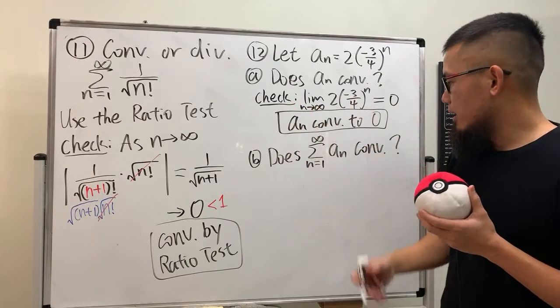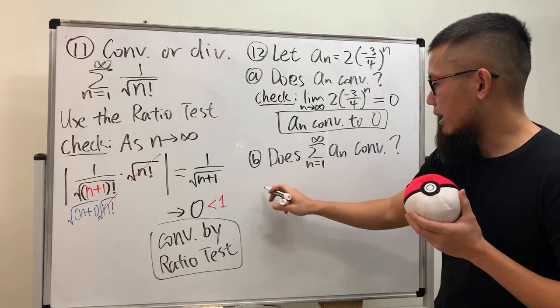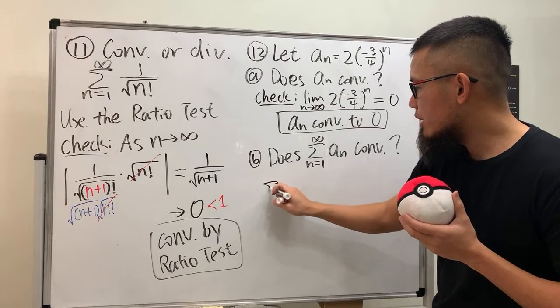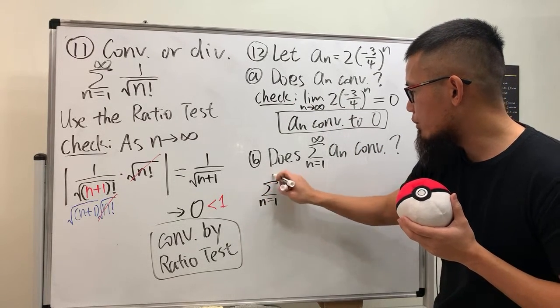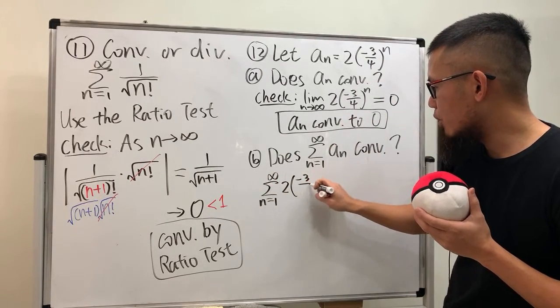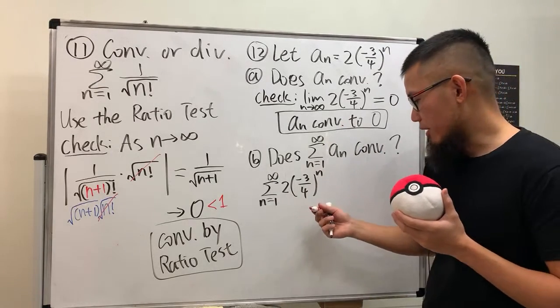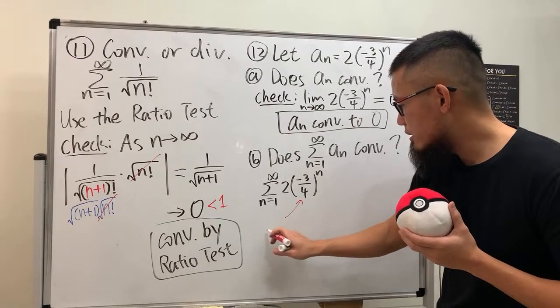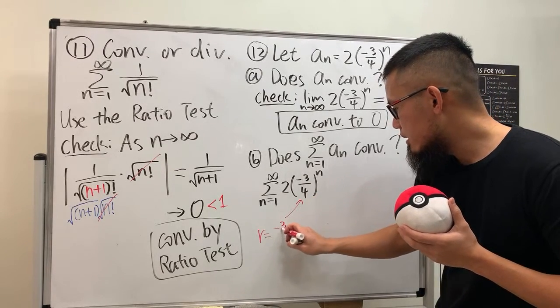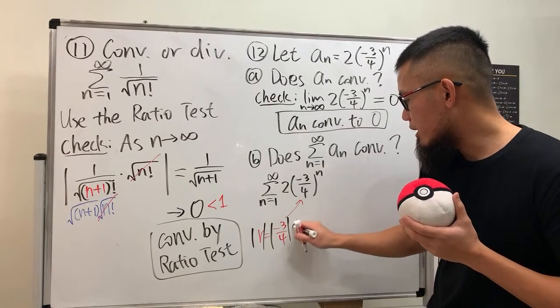For the second one, does the series converge? Well, in this case, again, we are looking at the series as n goes from 1 to infinity. a_n is 2 times negative 3 over 4 to the n. This right here converges because notice the r, again, is negative 3 over 4. If you take the absolute value, this right here is less than 1.